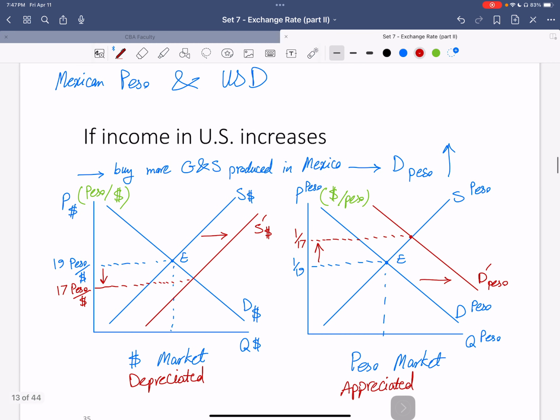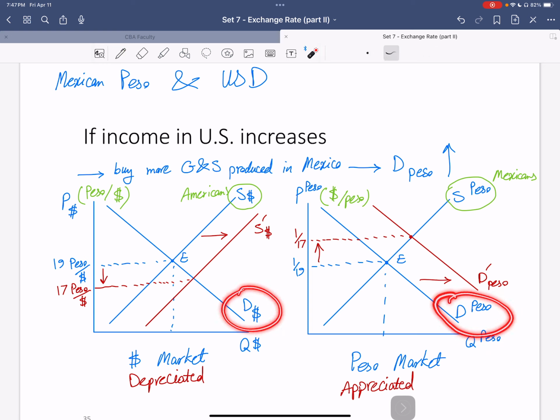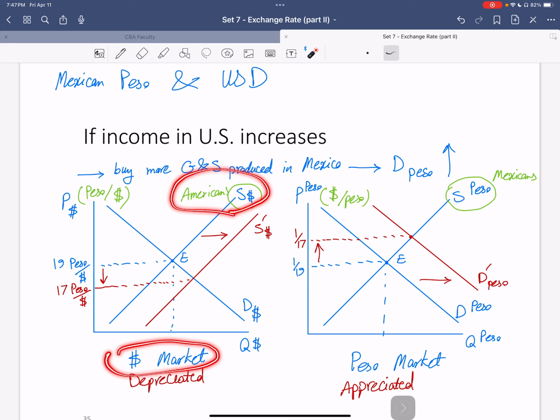So you see what happens? These are Americans. These are Mexicans. And these are Americans. These are Mexicans. The demand side is from another country. When we are talking about the dollar, the supply side of the dollar is Americans.